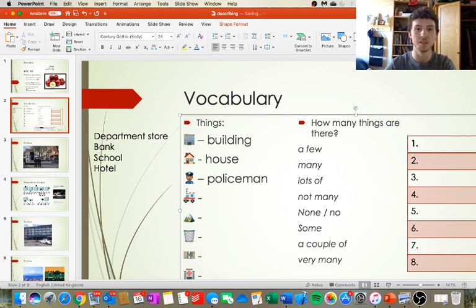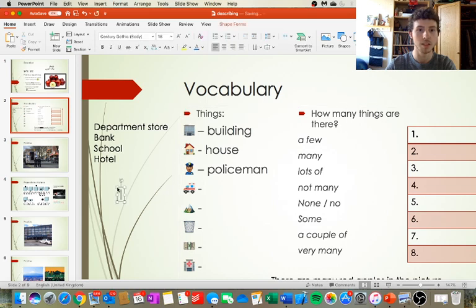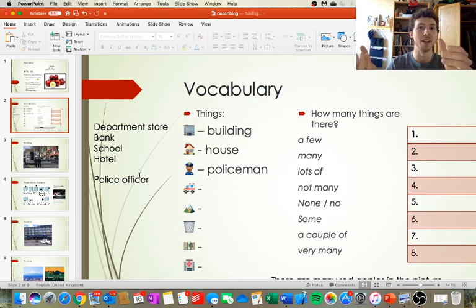What is this one? Or police officer. Very good. Doesn't have to be a man. Police officer. So police officer is a man or a woman.